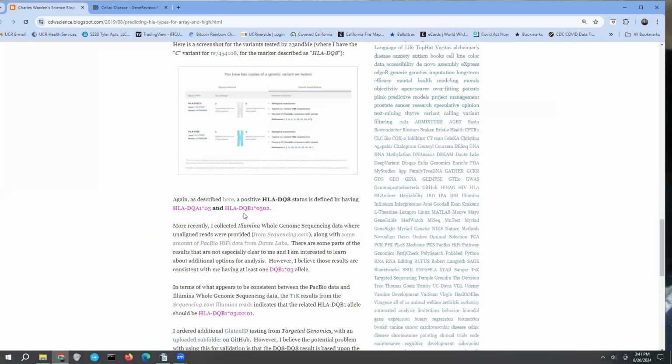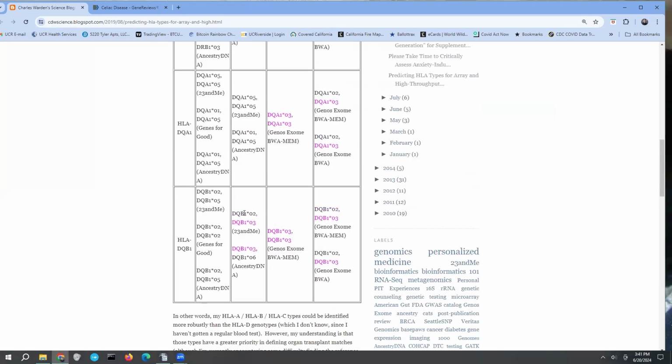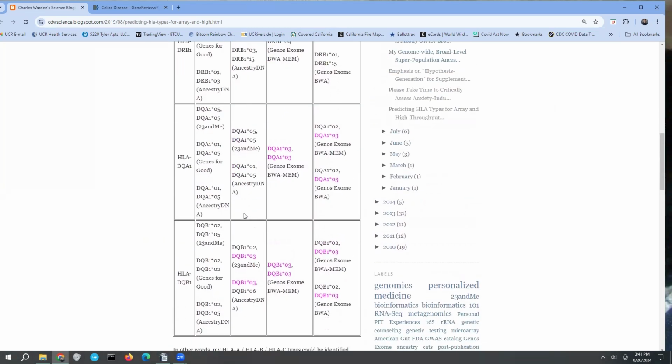So now let's go back up to this table and look for those two alleles that define you as being DQ8. If you look at the raw SNP chip data, you don't actually come up with any results, I would say, on DQ8, or even have one DQ8 diplotype.